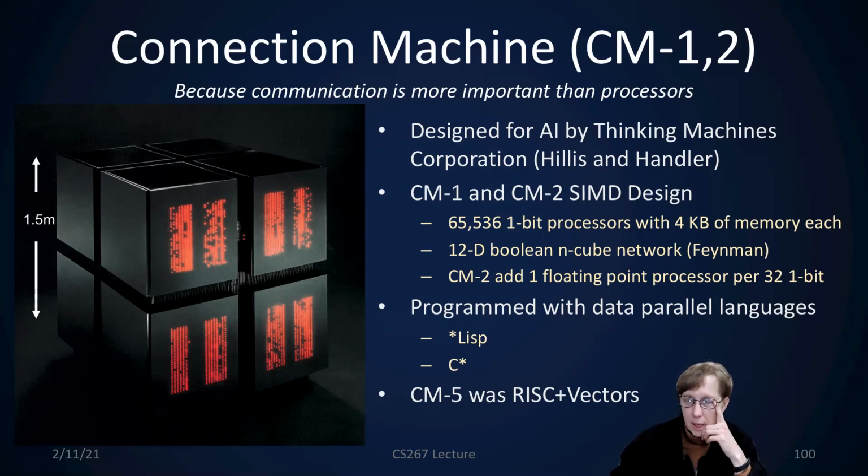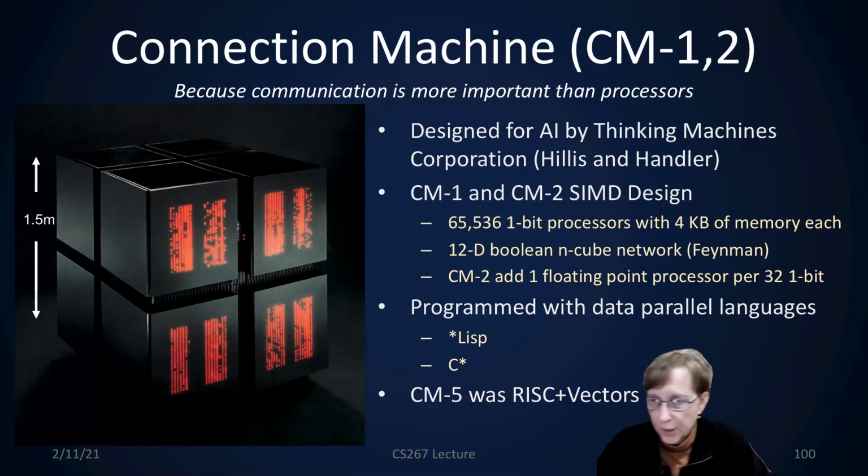And this was designed by Danny Hillis when he was a PhD student. He then started a company with Cheryl Handler called Thinking Machines Corporation, and they designed this machine called the Connection Machine 1, the CM1. So the CM1 was a really interesting piece of hardware in that it had only 1-bit processors.